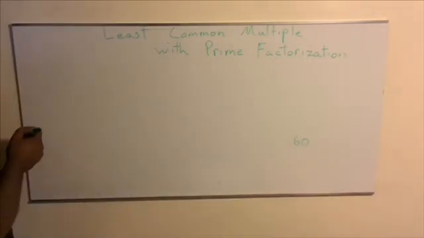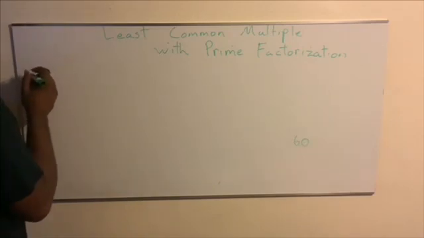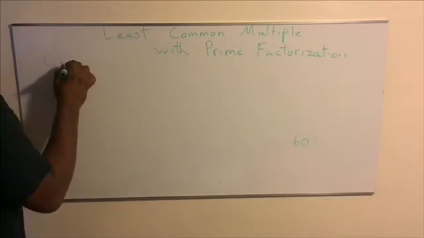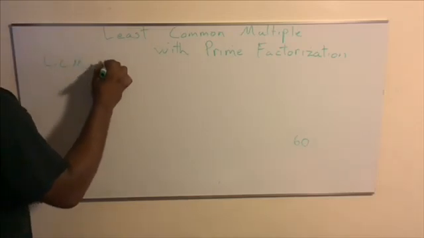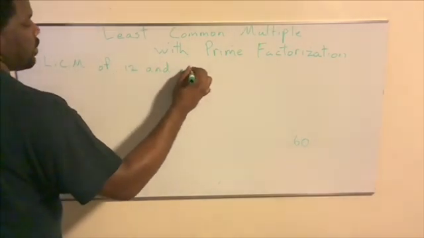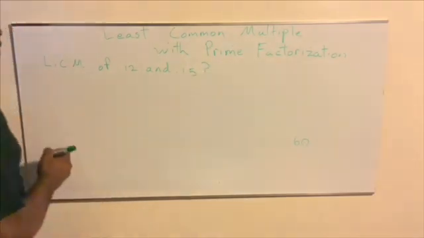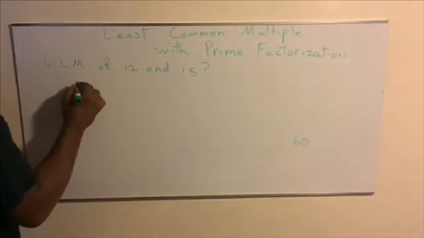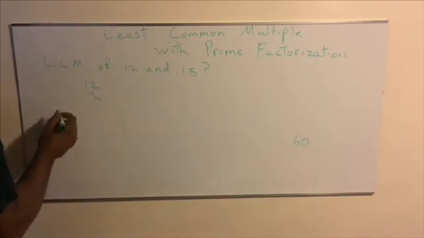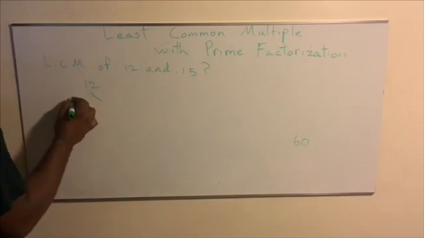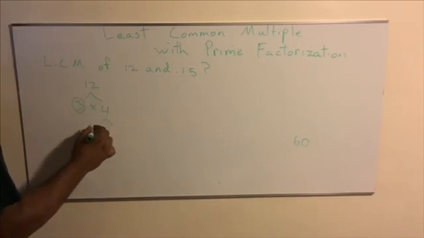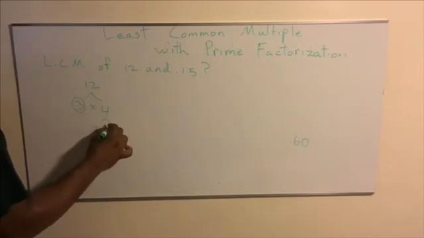Alright, so let's take a look at the example we did previously by listing, the LCM of 12 and 15. Okay, so let's use the factor tree. So 12, using prime factors, we have 3 times 4. 4 is composite, so we can break down 4: 2 times 2.